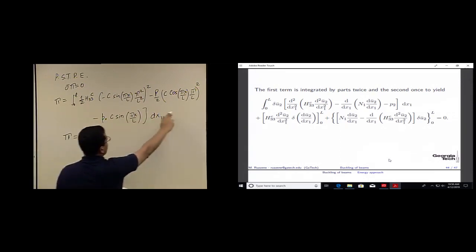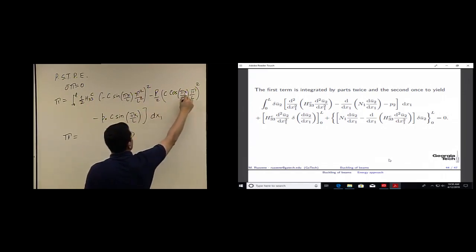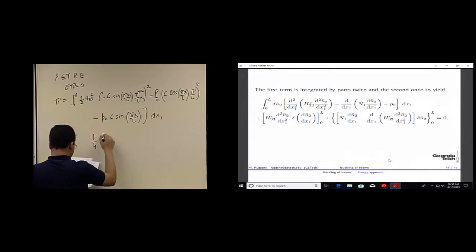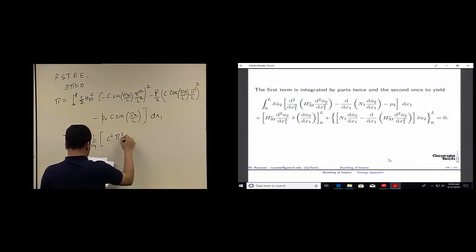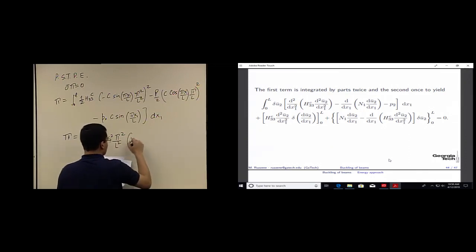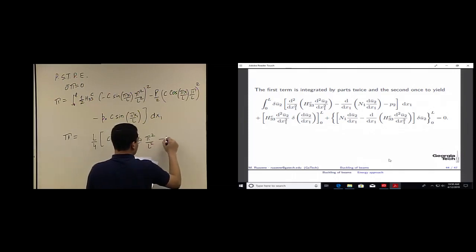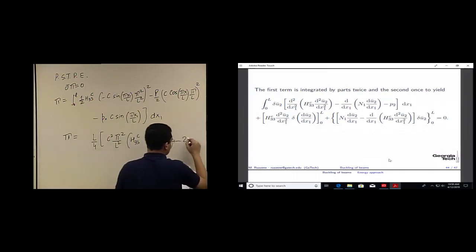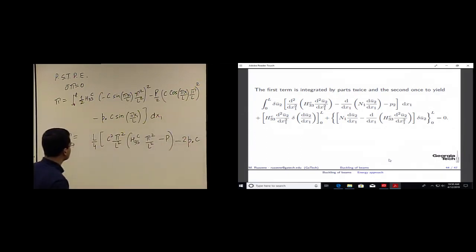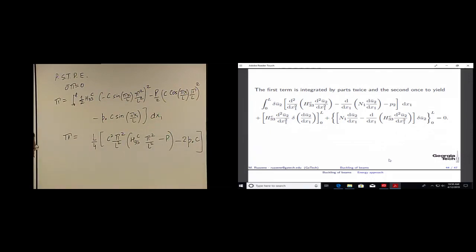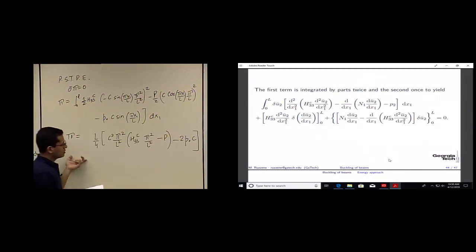So after carrying out all the integrations with respect to x1, I get L over 4 C squared pi squared over L squared times H33 C pi squared over L squared minus P, minus 2 P0 C. Okay, so this is the expression for total potential in terms of the constant C, which is unknown, right.